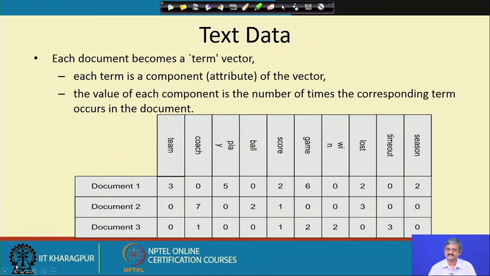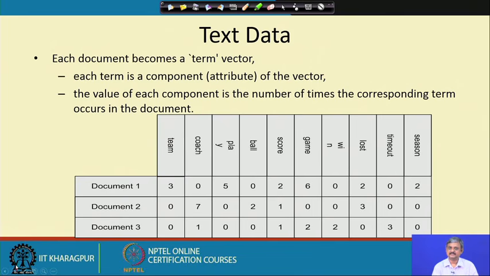So, these are my instances or objects, and the attributes are, for example, the dictionary words that appear in this document. So, here I have team, coach, play, ball, score, game, win, loss, timeout, season. These are, for example, the only dictionary words in a sports news article.